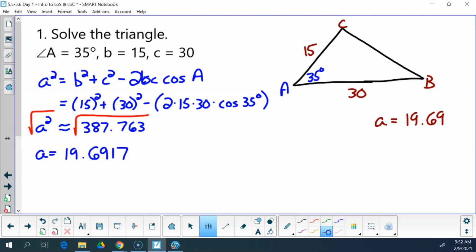Leave that on your calculator and set your calculator aside because we want to keep that as the answer on our calculator so we can use that going forward.